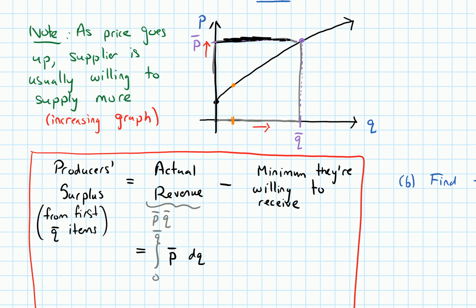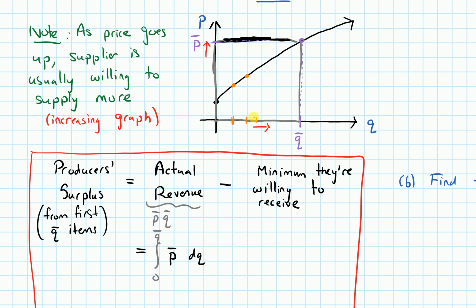If I increase the quantity a little bit, the supplier would need to sell it for at least this price to be happy. Of course, if they could sell it for more, awesome, they would be really happy, but at least that price. And I can keep going like this.